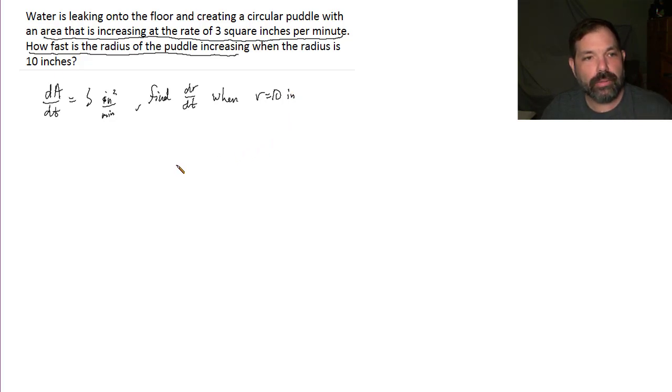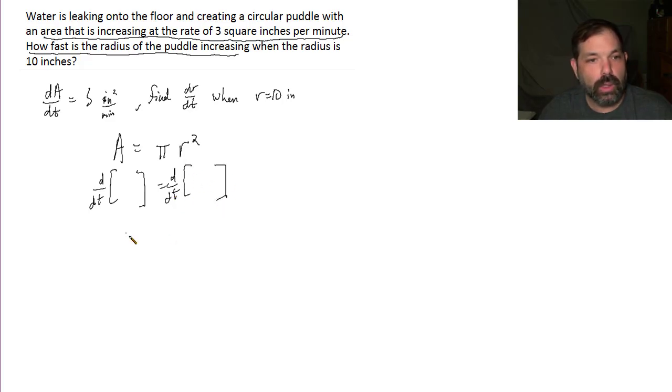Alright, so can I relate the variable quantities? How is the area related to a radius for a circle? Well, we know from geometry that the area of a circle is pi times the square of the radius, pi r squared. So then I will differentiate with respect to time, both sides. So then dA dt is equal to pi times 2r times dr dt.